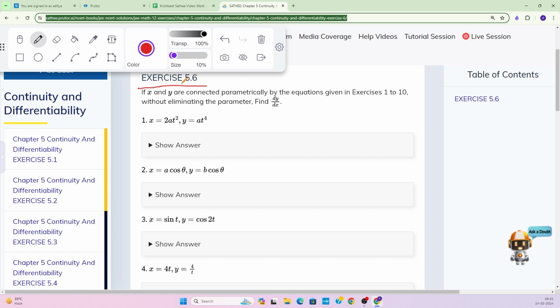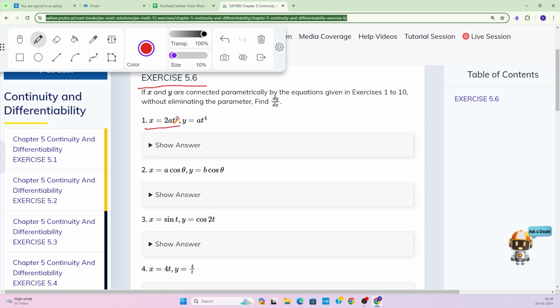This exercise mainly focuses on the concept of parametric forms or parametric functions, in which we take either t as our parameter or theta as our parameter. So let's start our first question.